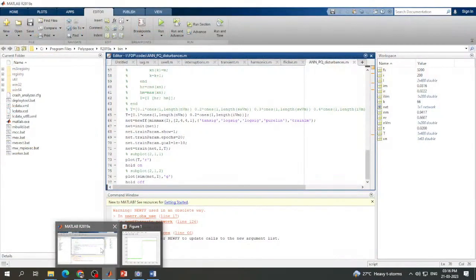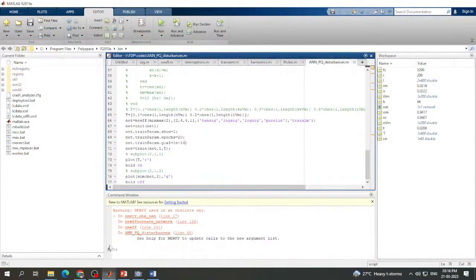If you select 2000 or 5000 iterations, it will take, suppose, 10 minutes. Then there is no use of this ANN, because you want to predict something within 1 minute and it is providing the answer after 1 minute or 2 minutes or 10 minutes. No use of it. So there is a need to optimally design the ANN in which you select the error level, what should be the error.